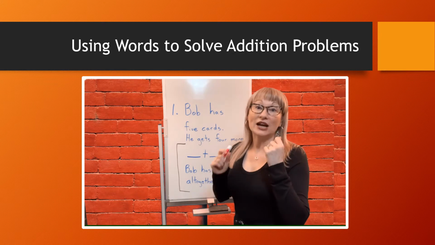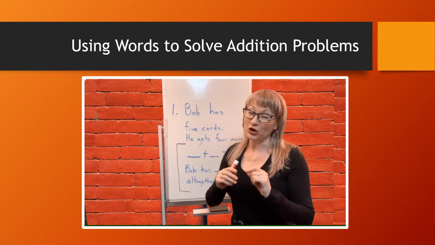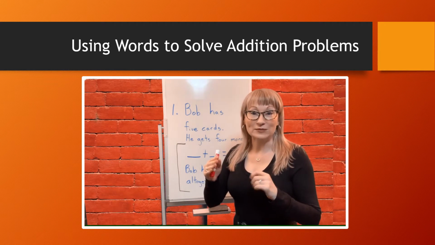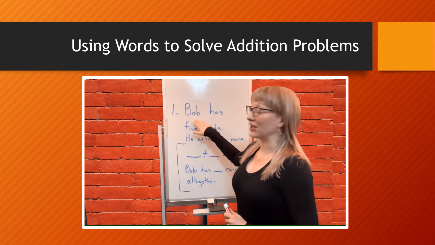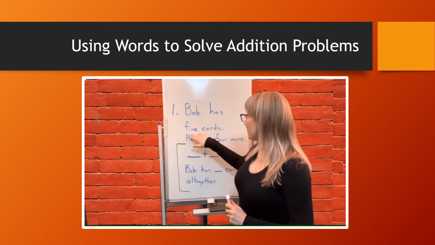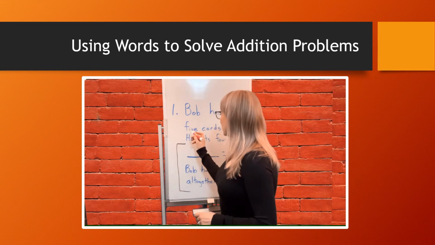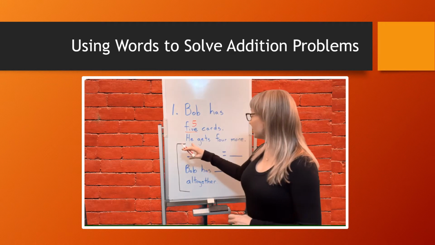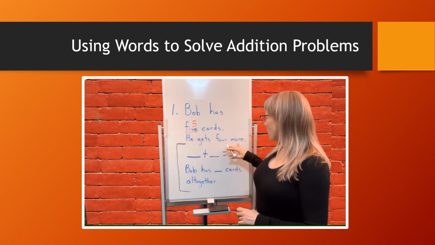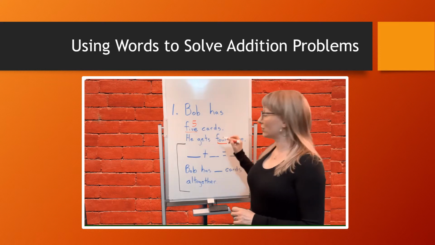So let's read. I do want you to draw a picture of the math problem so you can figure it out. So this is the way it's going to work. Let's read together. Bob has 5 cards. Oh, there's our number word. So he has 5 cards. He gets 4 more. Oh, there's our number word.